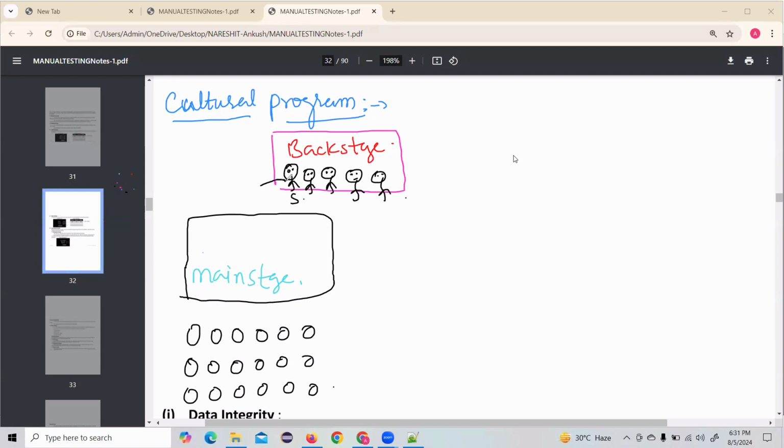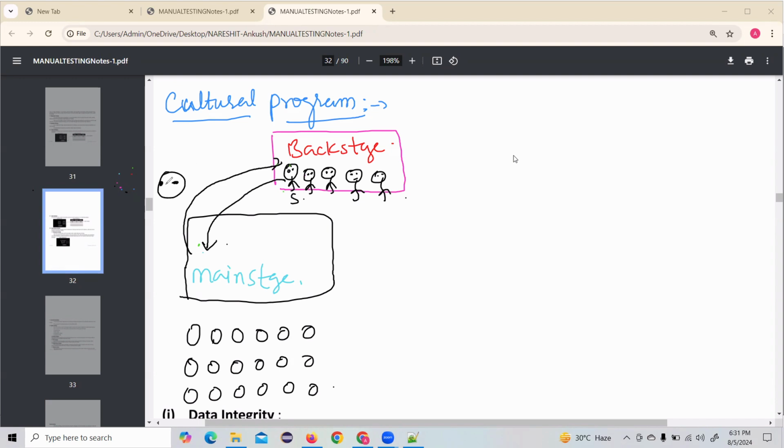Okay. First one is a singer. He wants to come here and sing the song. Where will he go? Backstage. Then a dancer will come. He will dance. Again, where will he go? But I have a question. Who is responsible to bring them from backstage to front stage? Directly they will come? Anchor auntie is there with full of lipstick.